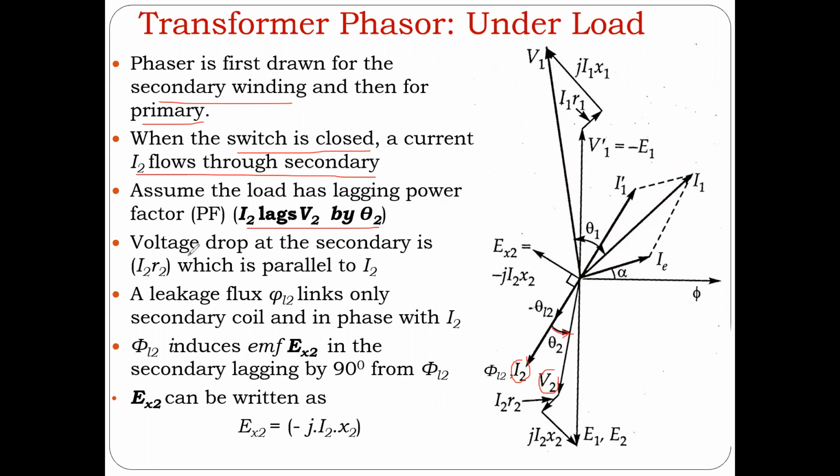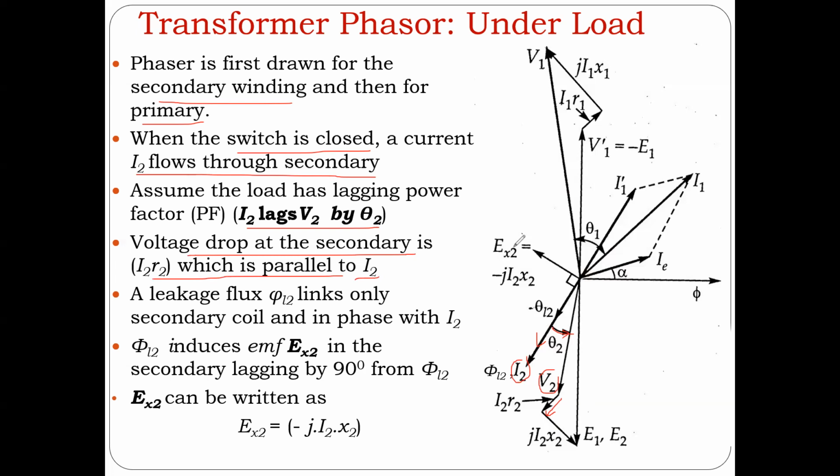Now, the voltage drop across the secondary because of its resistance will be parallel to I2. So if this is I2, in parallel to I2 this is going to be the drop of voltage because of the internal resistance of the coil in the secondary circuit.